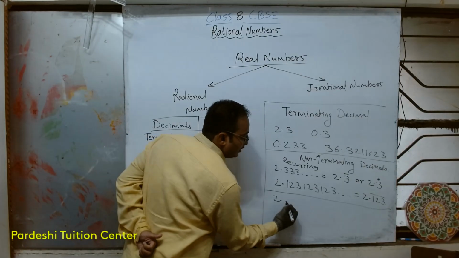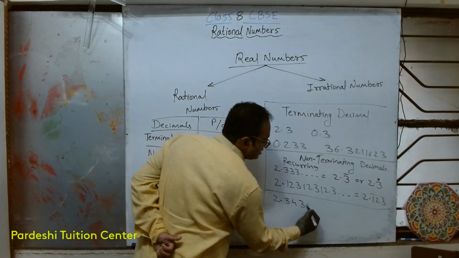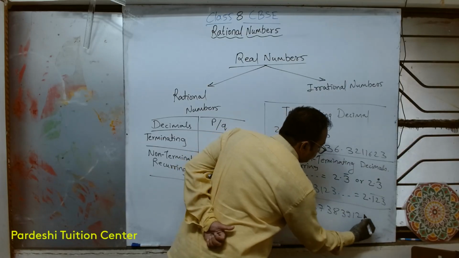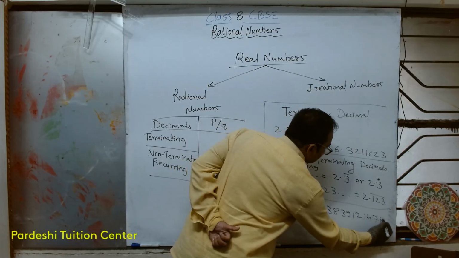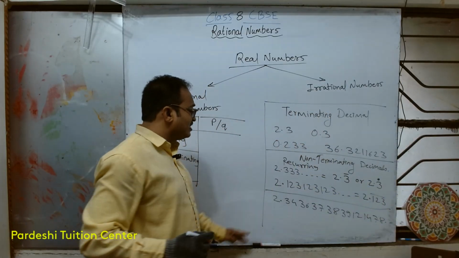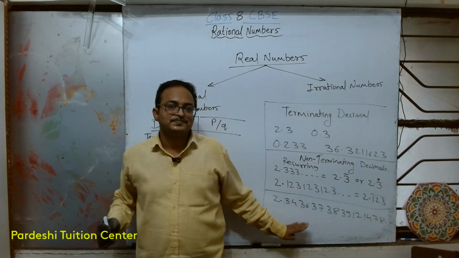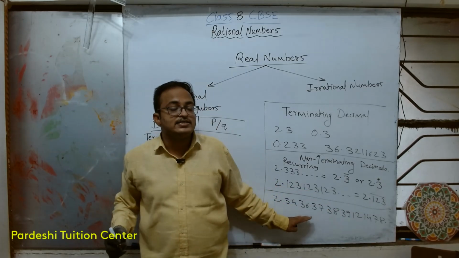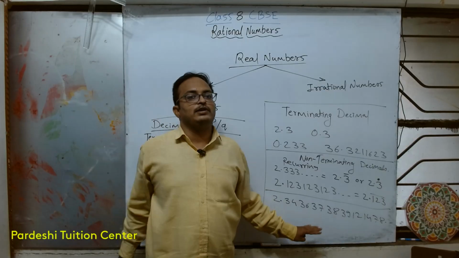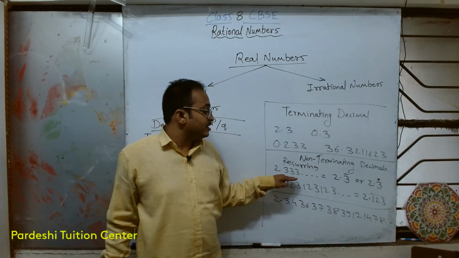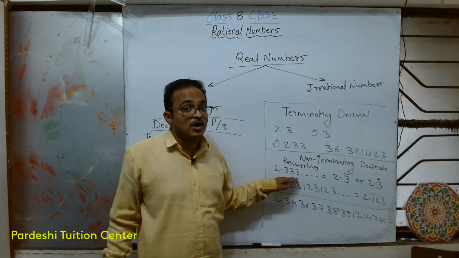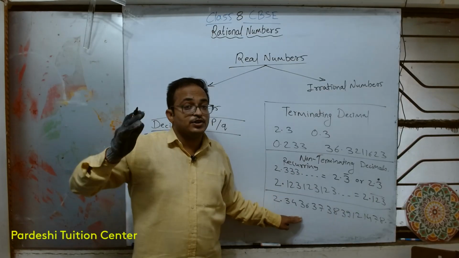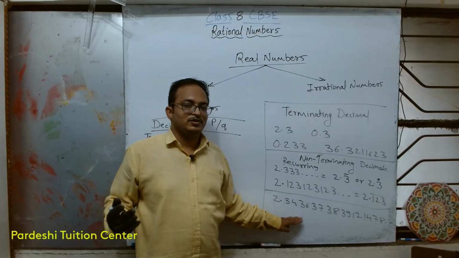For example, if I write 2.3436, 3738, 3912147 8 and so on. See, you can't see any pattern in them, and the division of these decimals will not stop eventually. Division of these decimals will give you some numbers after the decimal point, but these will never give you a fixed recurring number.